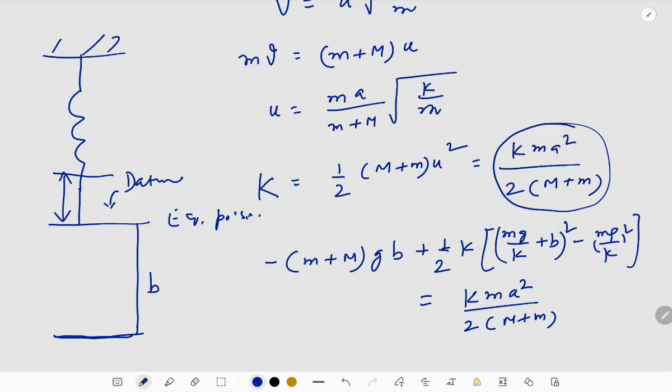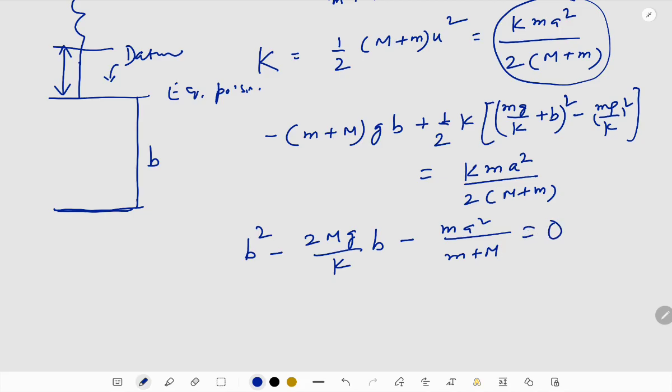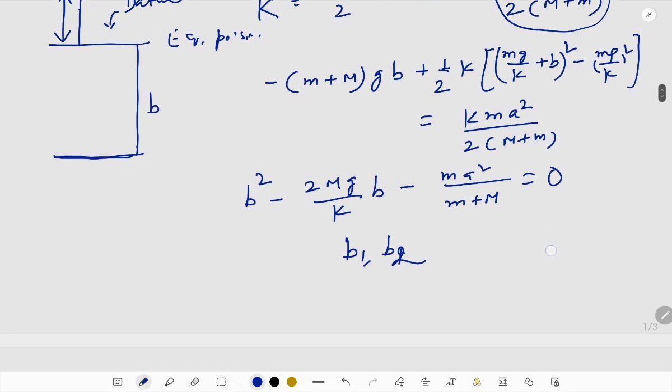And you need to solve it for b, and after solving, you will finally get an equation like this: b square minus 2mg by k b minus m a square by (m plus m) equals 0. Since this equation is quadratic in b, you will get two roots of b, say b1 and b2.